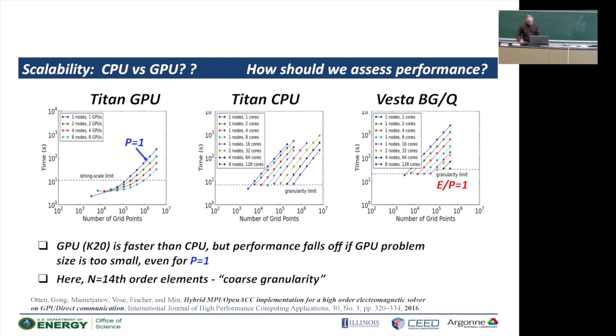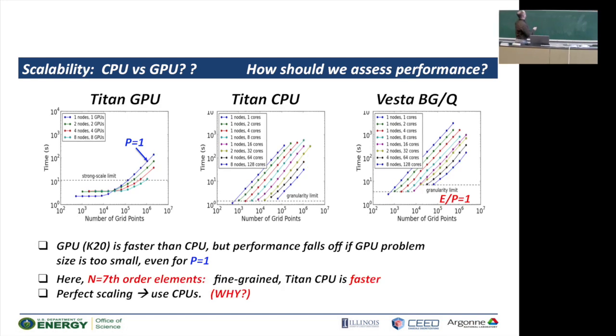But now if we go to polynomial degree 7, which is what people are more likely to use, in fact, the Titan CPU is faster than running on the GPU. Now there's some interesting questions. One is, I already argued that coming down here on this blue line is equal in energy consumption.